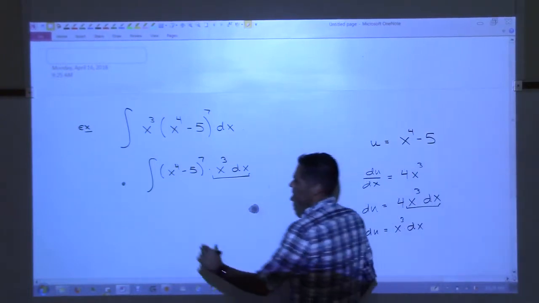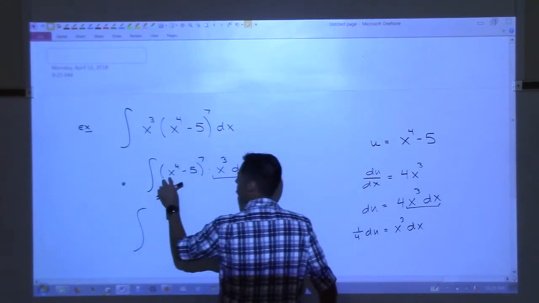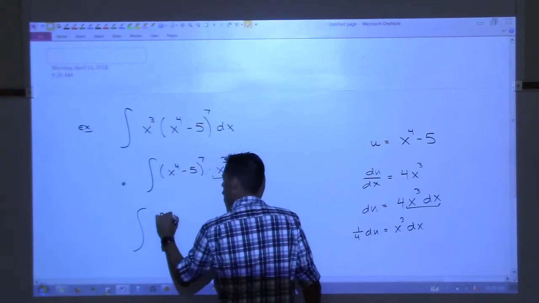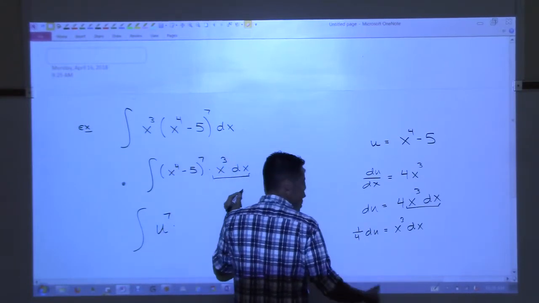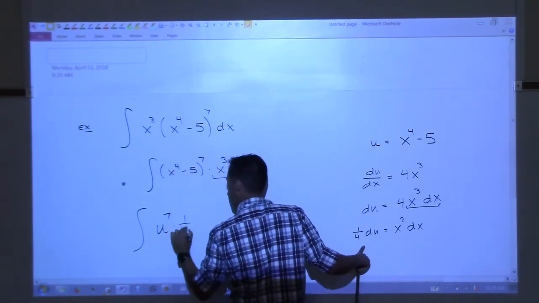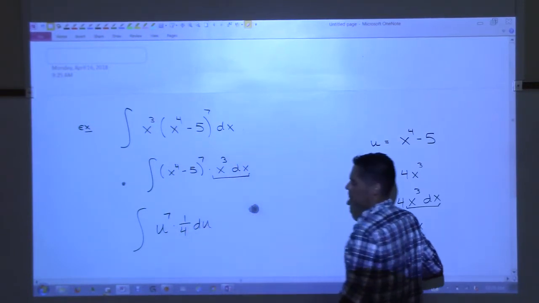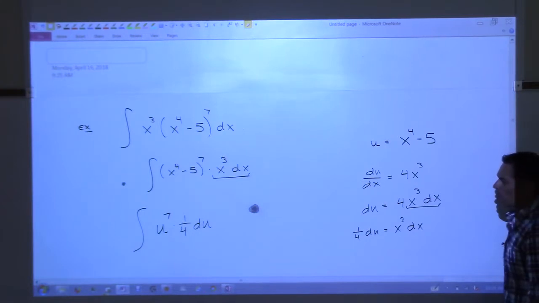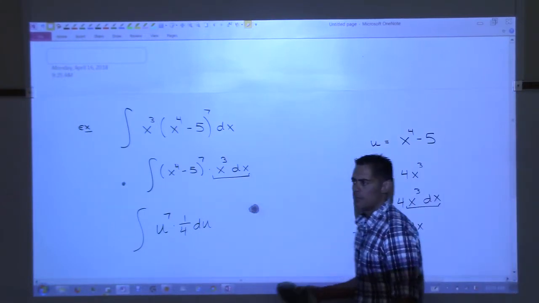So this piece right here is u, right? So u to the 7th times x cubed dx, which is 1/4 du. And that 1/4 is just going to come for the ride, yes?